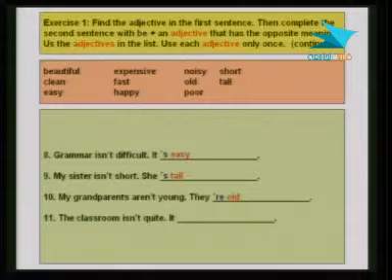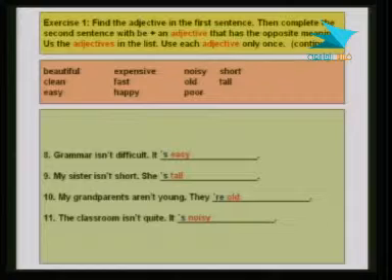The classroom isn't quiet. So the opposite of quiet is of course noisy. Therefore the sentence becomes, it's noisy. The sentence, it's noisy, is the opposite of the sentence, the classroom isn't quiet.